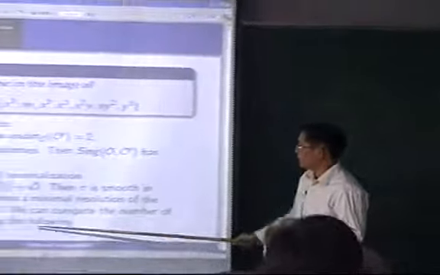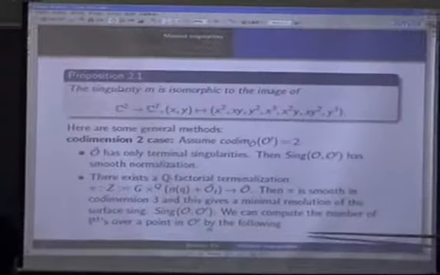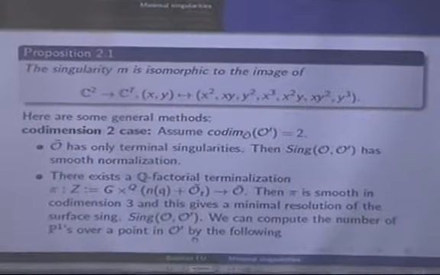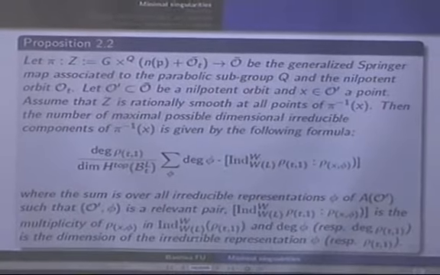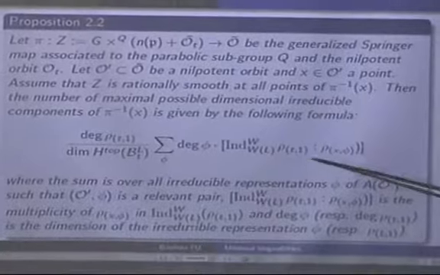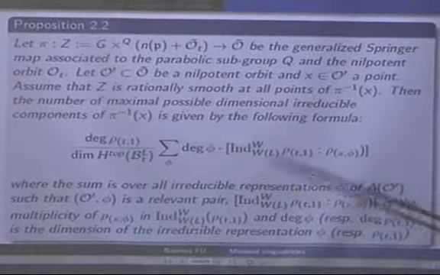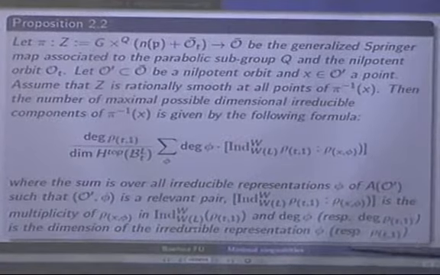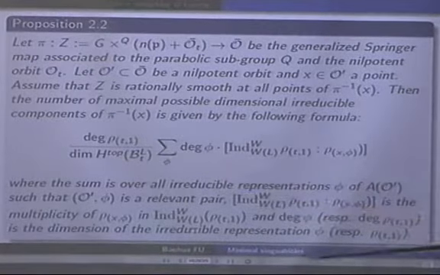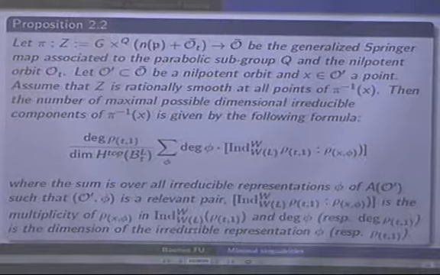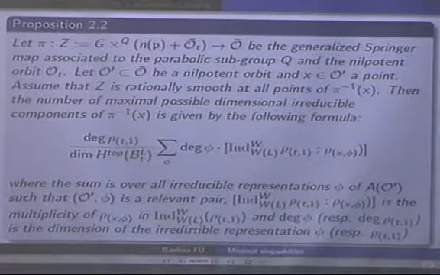So to compute the P1s contained in the fiber, we have the following formula. Yeah, it's quite complicated, but this comes from Springer representations and Springer correspondence, and also some formula from Borho–MacPherson. From this, technically we can compute the number of P1s contained in the minimal resolution.